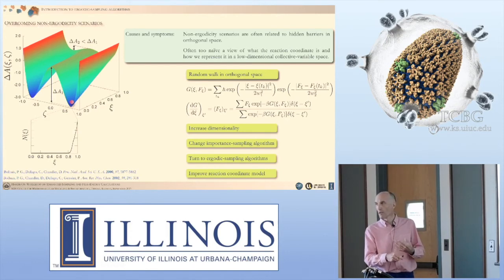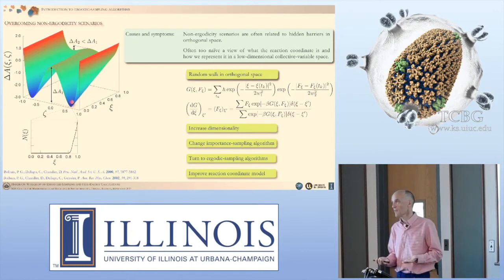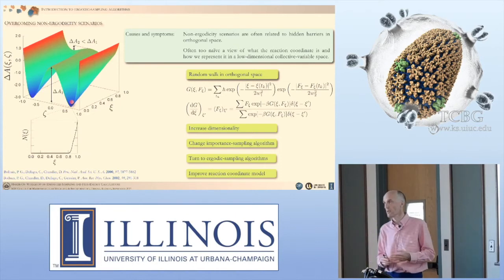At every value of psi, we're supposed to sample in the orthogonal manifold. So when I'm at psi 0.2, I should visit this value, but I should also visit that value. But if the two values are separated by a high energy barrier, and I'm not doing anything about it, then I'm pretty much trapped.